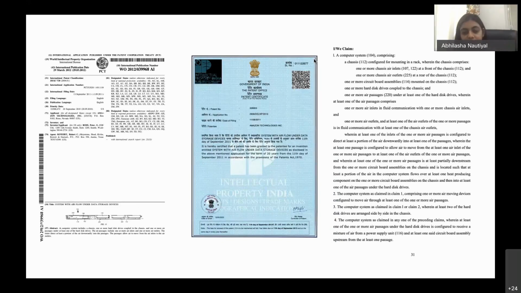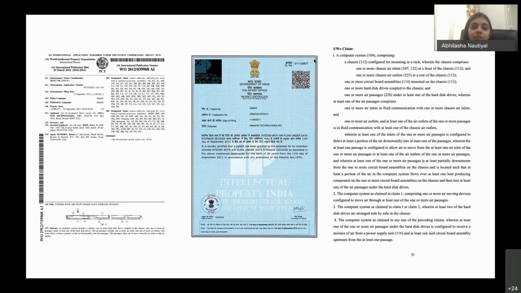So it has to be novel. It has to have something called an inventive step, and it needs to have a third requirement called industrial application. If you're able to satisfy these 3 requirements, you will be granted a patent.